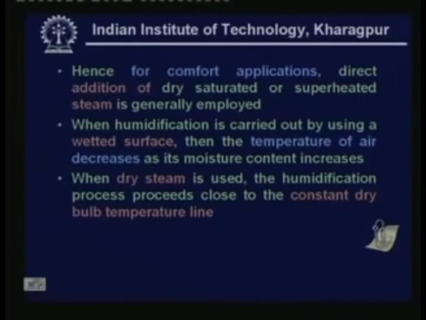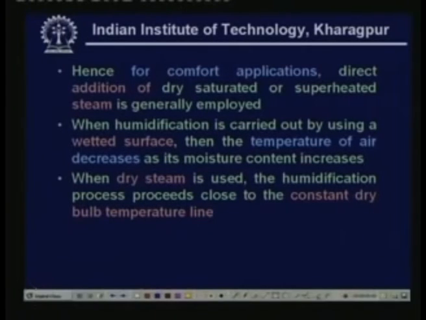So I can explain this using a psychrometric chart. For example, let us say that this is a psychrometric chart. Let us say that this is the inlet condition of air to the humidifier, and if you are using a wetted surface, then you find that if this is your wet bulb temperature line, the process line may proceed along this or slightly close to this.